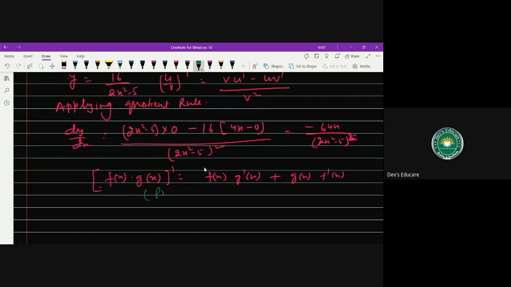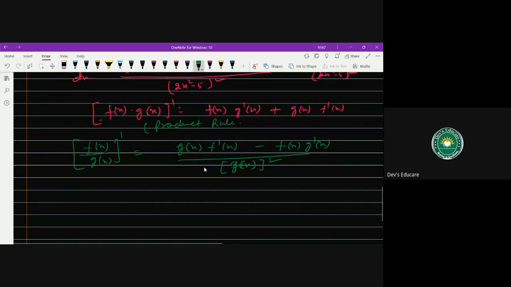Now coming to the quotient rule, we have f(x) upon g(x), and its derivative equals g(x) into f dash x minus f(x) into g dash x, upon g(x) whole square. This way you can learn the product rule as well as the quotient rule.